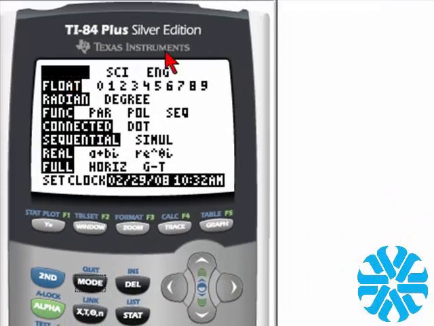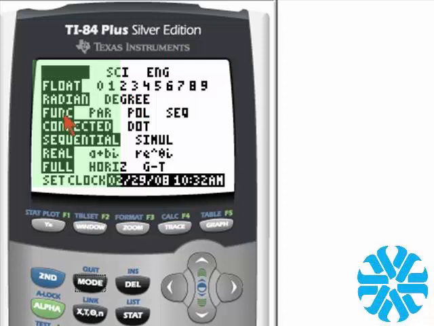Now let's take a minute to go ahead and see what our actual modes should be when we're using our calculator, just for the basics. It should be in normal mode, floating point decimal. Radian or degree mode does not matter unless you're using trigonometric functions.